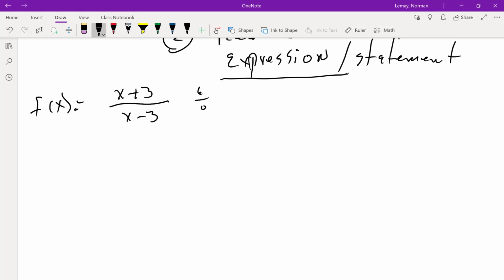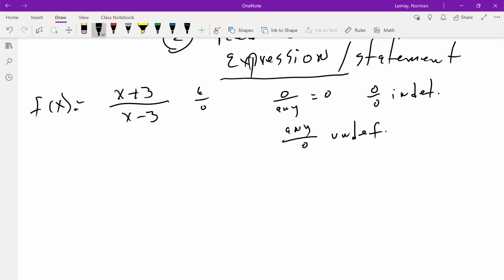Let's also recall that 0 over anything is equal to 0. 0 over 0 is what we call indeterminate, something you may or may not have seen. You'll see that a lot later when you go into college algebra. If you have any number divided by 0, this is undefined, so we cannot have 0 in the denominator.